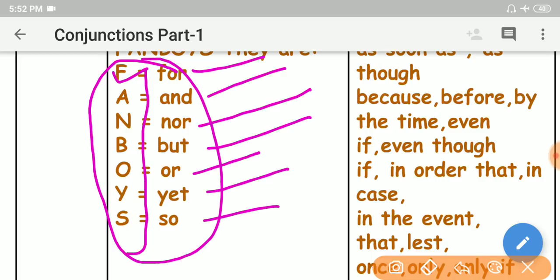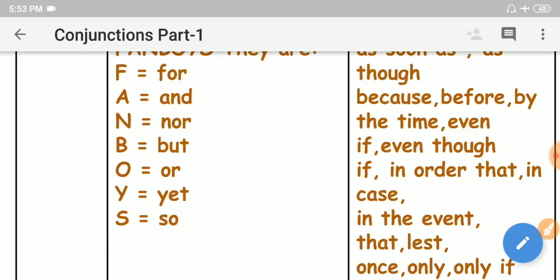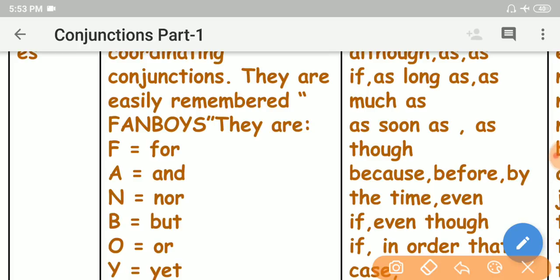To remember these coordinating conjunctions better, you can remember this acronym, that is FANBOYS. So if you remember FANBOYS, you can easily remember all the 7 coordinating conjunctions of English.